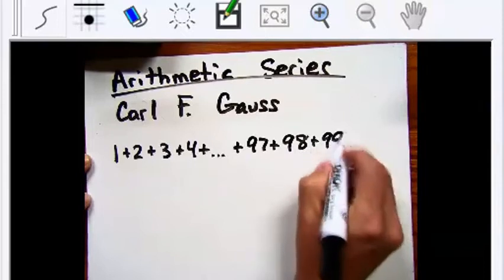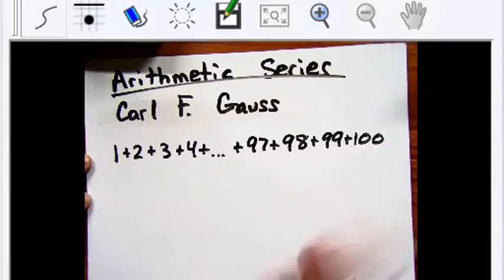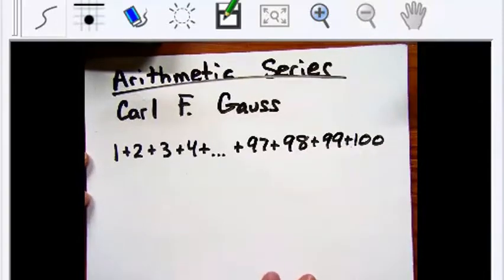And they said, when you guys are done with this, then you can take off. So probably about a minute passes, probably less than that. And Carl, fifth grade Carl, comes up to the teacher and says, all right, peace, I'm out of here. And he's got the answer written on his paper and he takes off. But how did that happen?